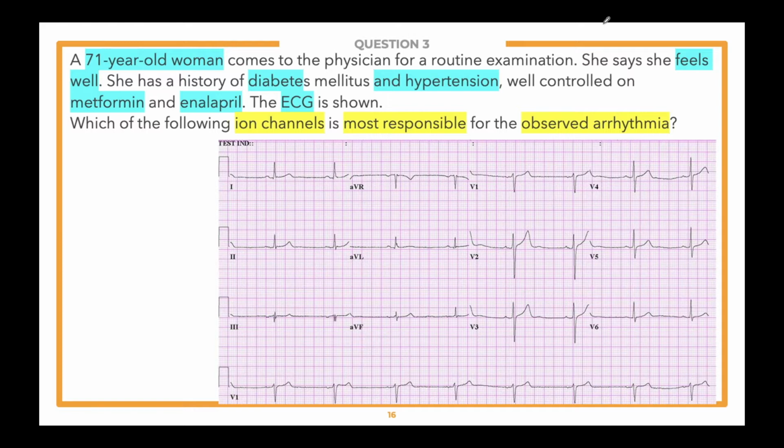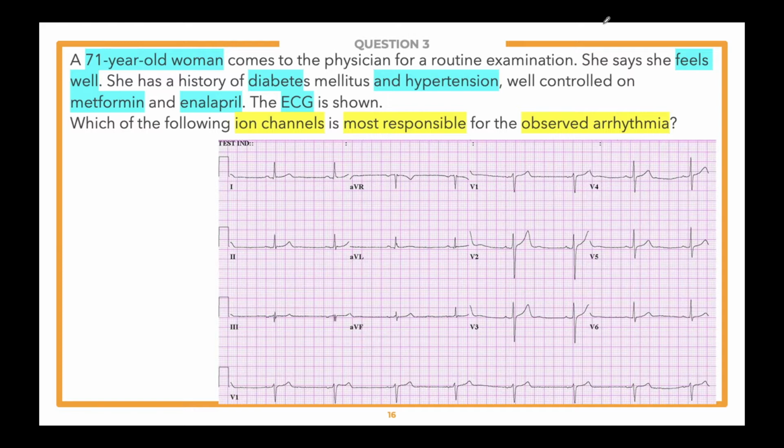There may be some clues in that vignette, but we are given an EKG, and they tell us there's an observed arrhythmia. That's important because when Sean read that lead-in, we can then look in that vignette and figure out if there are any clues that could be related to an electrical abnormality. So in this question, they're asking us specifically about an ion channel most responsible for the observed arrhythmia.